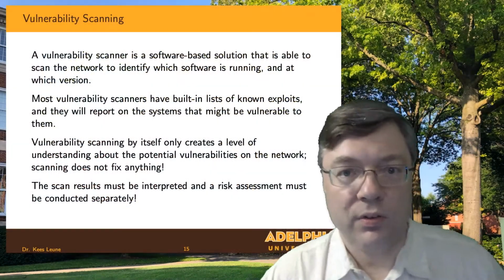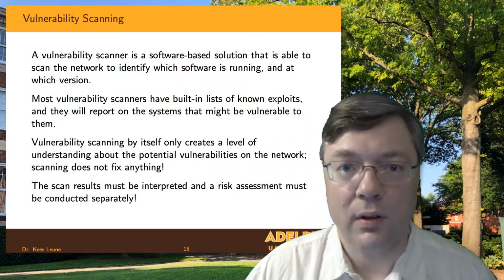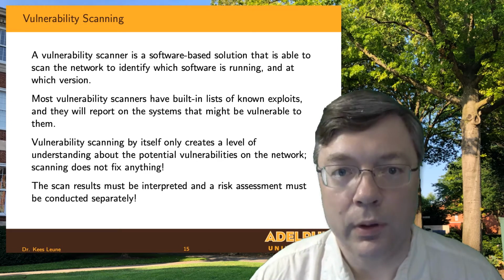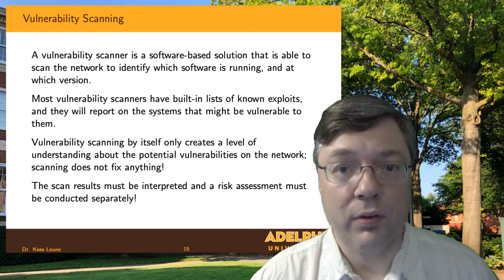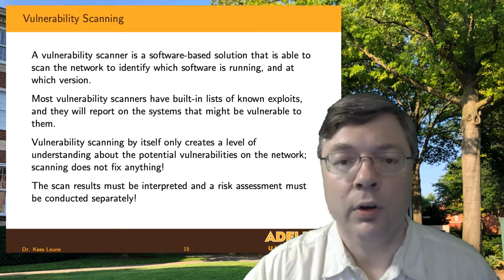So the easiest way, and also one of the most ineffective ways to an extent, is just to buy a vulnerability scanner and run it over your network. And it will find a lot of information for you. It is a scanner that will discover your network.